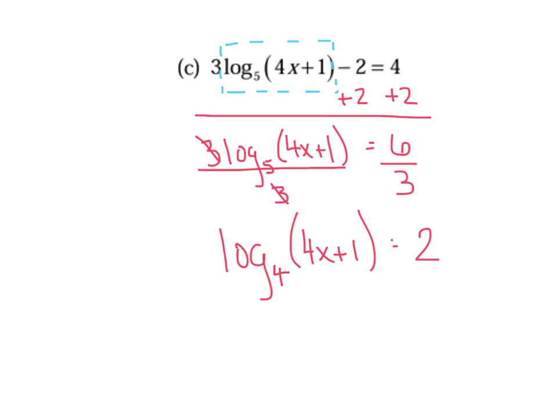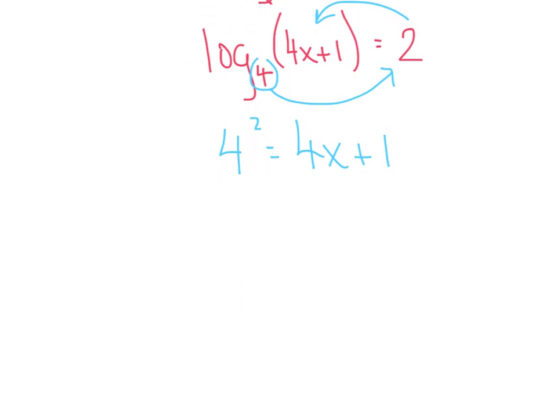All right, now that we've got it isolated, we can go ahead and convert it. We could say 5 raised to the second equals the quantity 4x plus 1. Let's see, so we got 25 equals 4x plus 1. And then from here, it's a very nice, simple, linear equation. We'll subtract the 1 over, and then we'll divide both sides by 4.